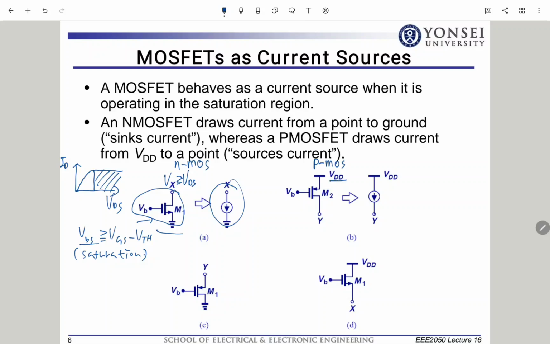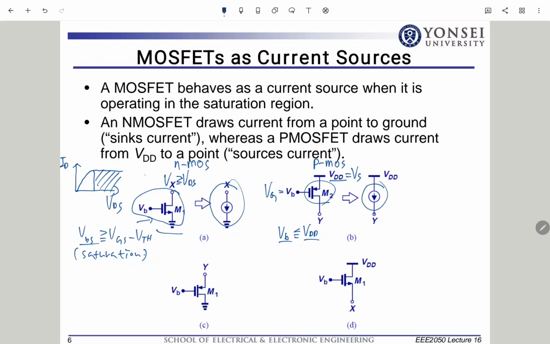Here, VDD is the source and VB is the gate. If VDD is greater than VB, then this M2 transistor also provides a constant current, so that we can replace the transistor with a current source.